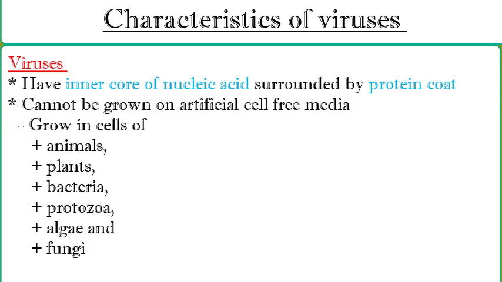Viruses cannot be grown on artificial cell-free media, but grow in cells of animals, plants, bacteria, protozoa, algae, and fungi. That means they grow in all living cells since they are obligate intracellular parasites.